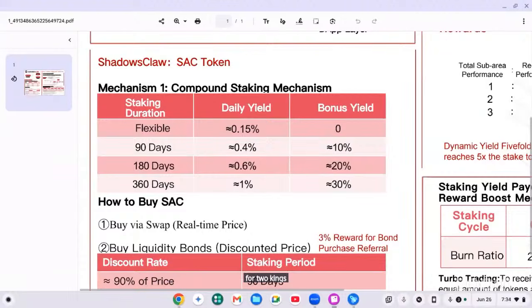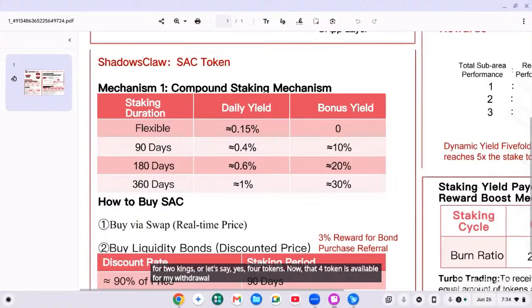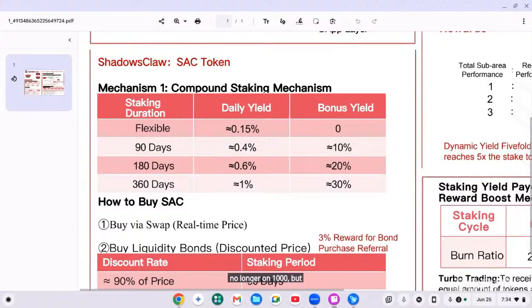Now that four tokens is available for my withdrawal, but because I decided not to withdraw, when the next 12 hours is due and there's time for another rebase, the system now gives me 0.4%, no longer on 1,000 but on 1,004.